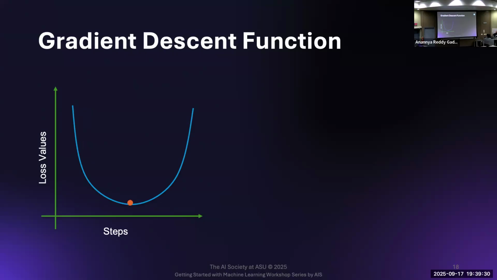As you saw, the small orange ball was at the top, and it was taking small steps to reach the very bottom of it. That's what minimizing the error means. It gradually took small steps to reach that lowest point. That's how gradient descent works in AI models as well.